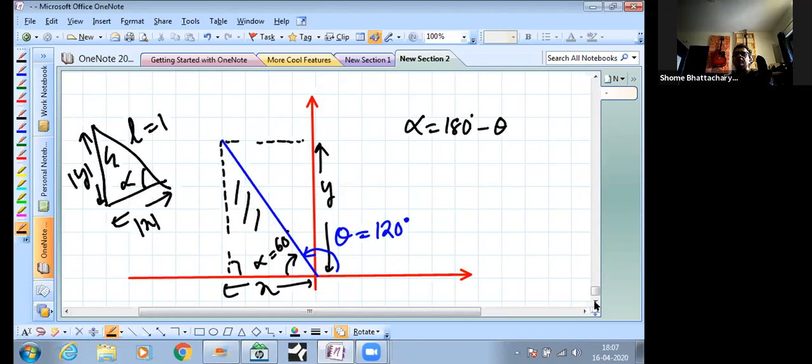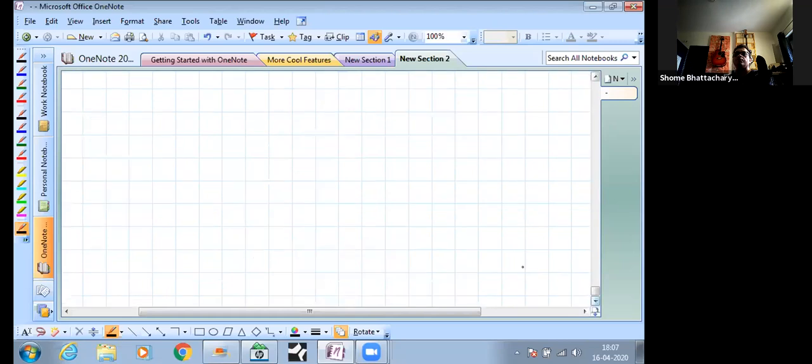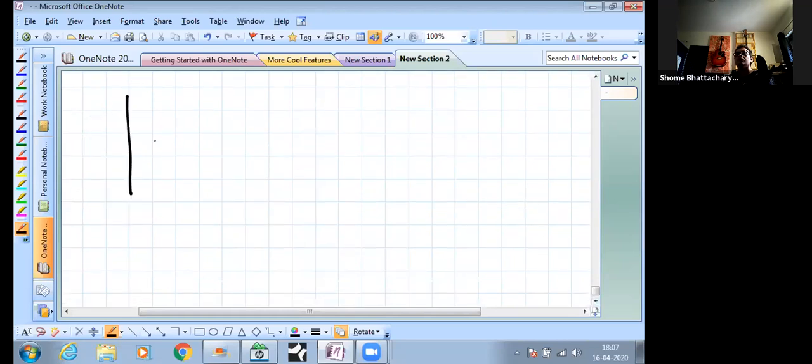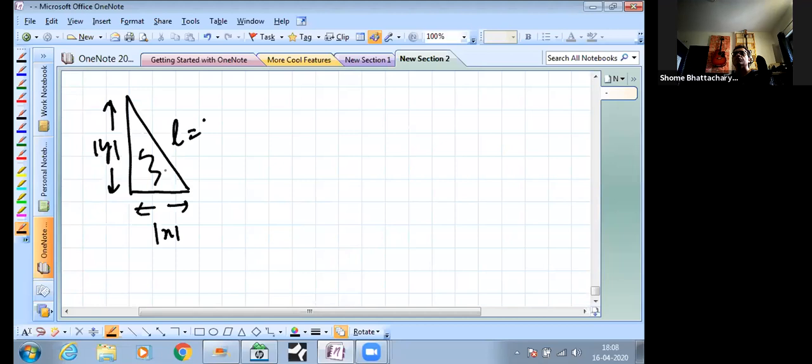So if you concentrate on that small triangle I've drawn at the top, draw that again over here. For this triangle, this side is x, but magnitude. This side is magnitude of y. And this hypotenuse is the length, which was unit. And this angle was my alpha. So how much is mod y?